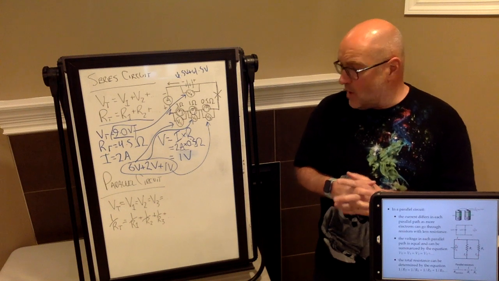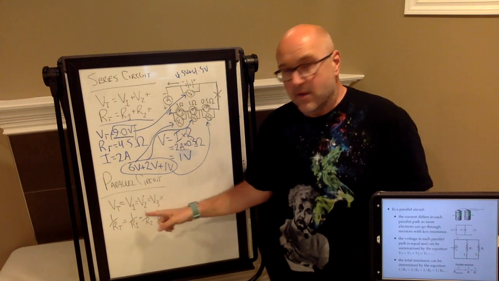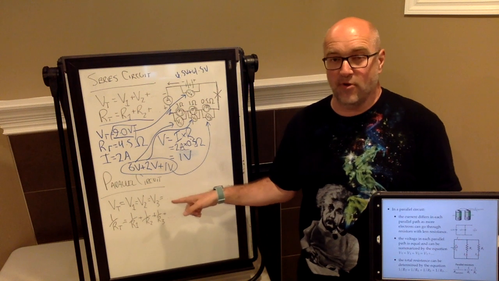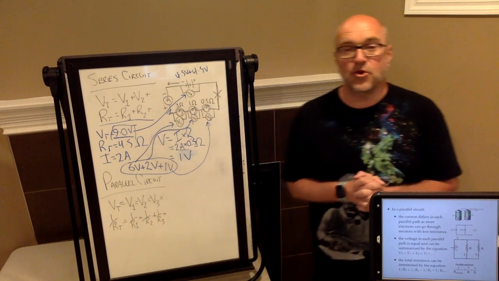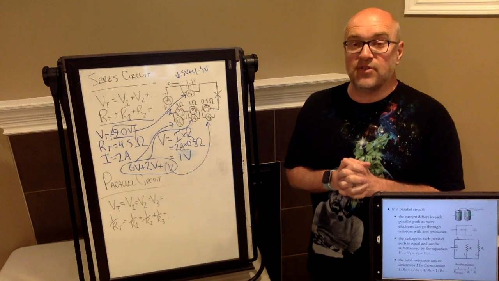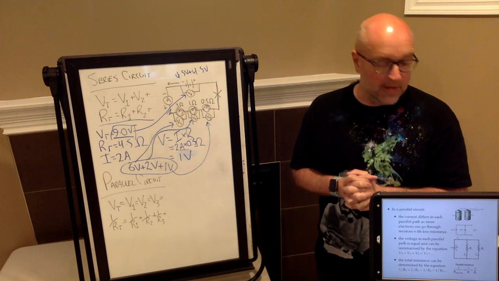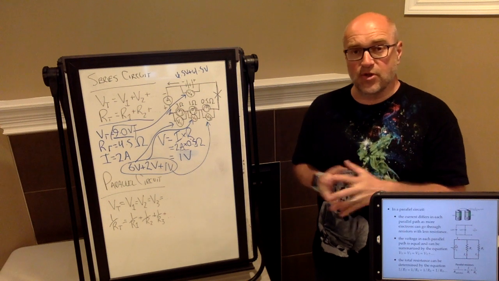How do you calculate it? Well, because voltage is equal everywhere, the total voltage is going to equal voltage 1 plus voltage 2 plus voltage 3. So no matter where you are, once you know your total voltage, your voltage is going to stay the same no matter where you are inside of that parallel circuit. The resistance, though, is a little trickier.